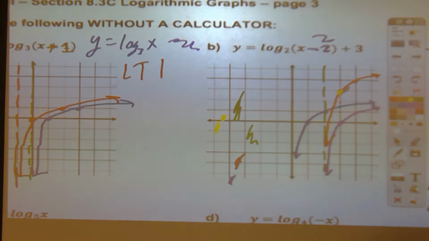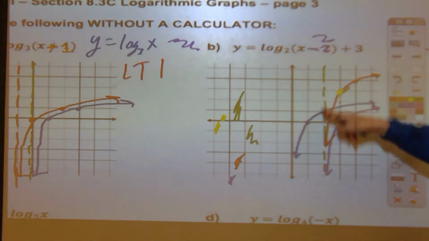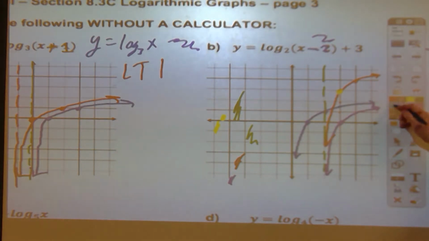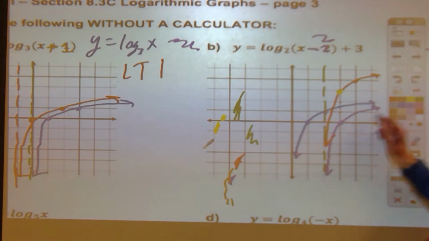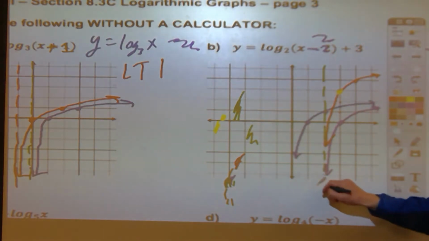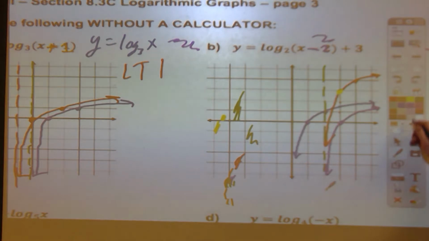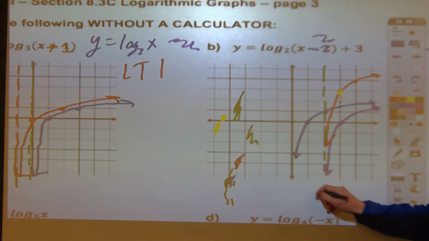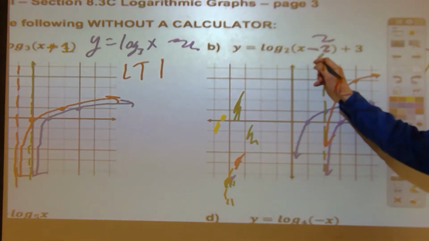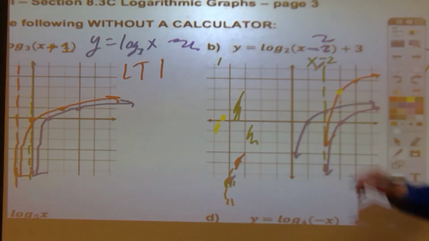So the final answer is to ignore everything except for the red curve and the green vertical asymptote, which needs to be labeled as x equals 2.